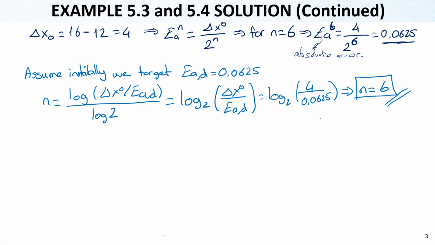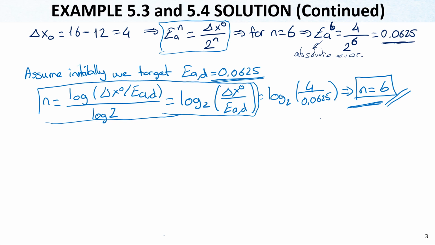If this is acceptable beforehand, or we just set this as a threshold, then we can use 6 iterations and get the results easily. So these formulations are handy and useful to decide the number of iterations or the absolute error value from the beginning for the bisection method.